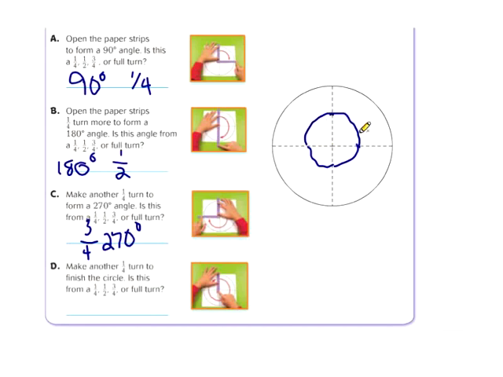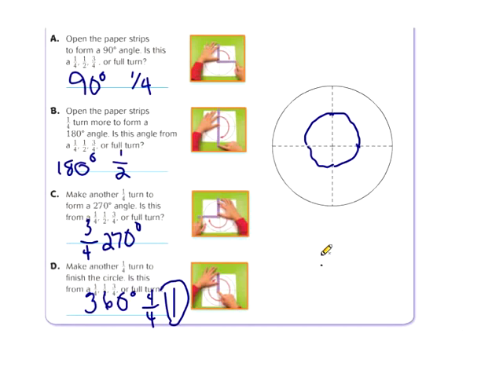So right now we actually went a whole 360 degrees, which is 4/4, or actually 1 whole.